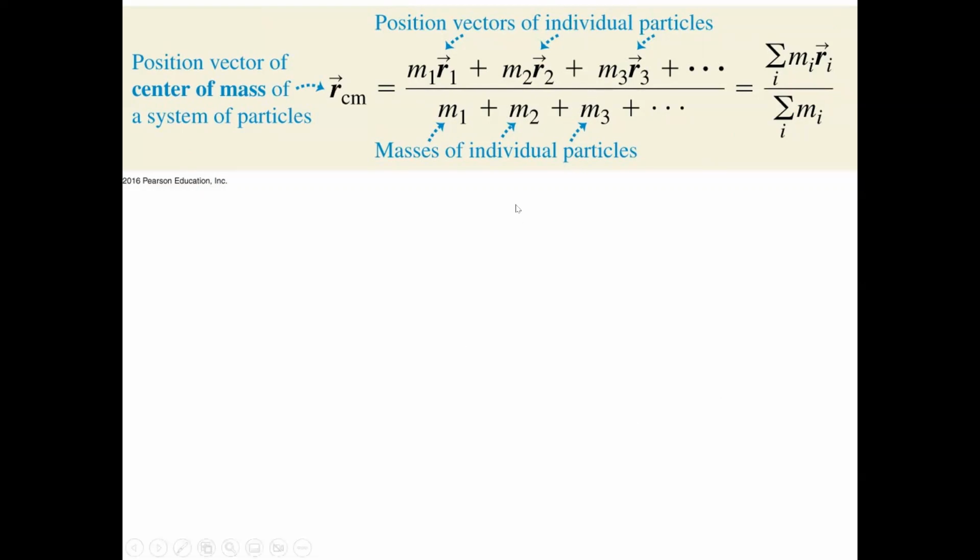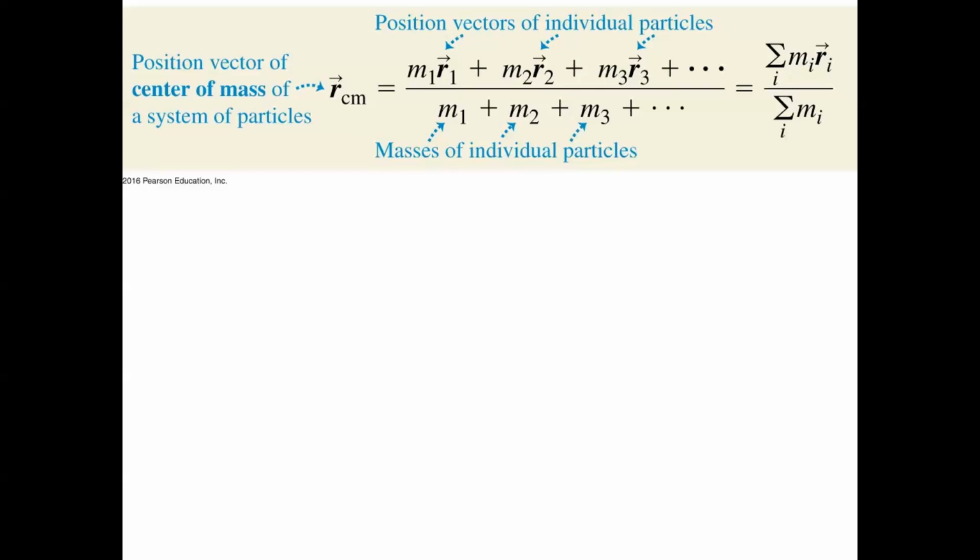So this is equal to, in the numerator, the product of individual masses and position vectors of individual particles: M1 R1, M2 R2, M3 R3, and so on. In the denominator, we have the masses of individual particles, M1 plus M2 plus M3.